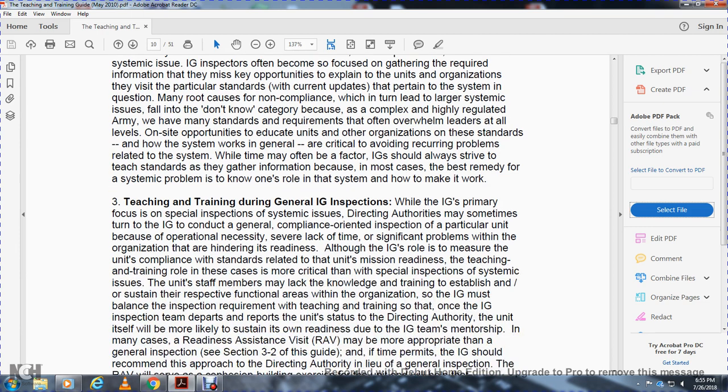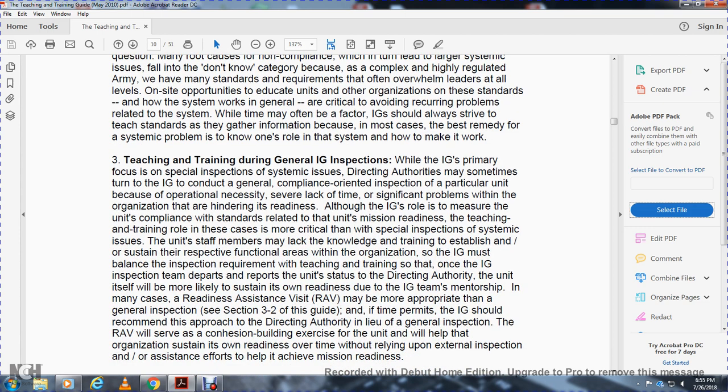Teaching and training during General Inspector General inspections. The Inspector General's primary focus is the special inspection for systemic issues, but the directing authority may sometimes determine that the Inspector General should conduct a general compliance-oriented inspection of a particular unit because of operational necessity, a lack of time, or significant problems within the organization that hinder readiness. Although the Inspector General's role is to measure the unit's compliance with the standards related to the unit mission, the teaching and training role is more critical in this case than in the special inspection for systemic issues.